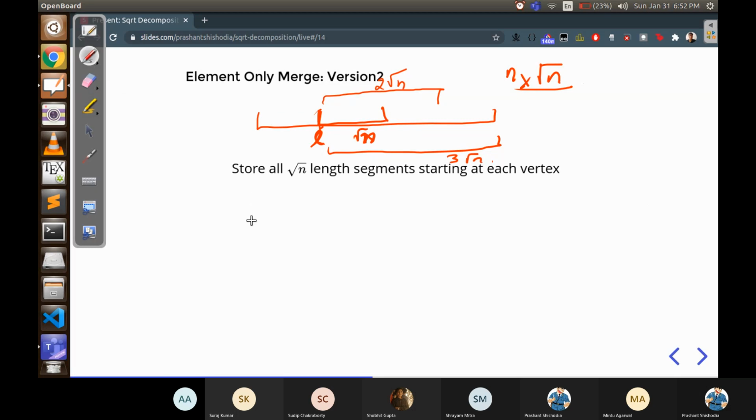Can you appreciate that? Because now whenever you are given a query LR, you can just start at L and extend this range until there are only less than root n elements available.